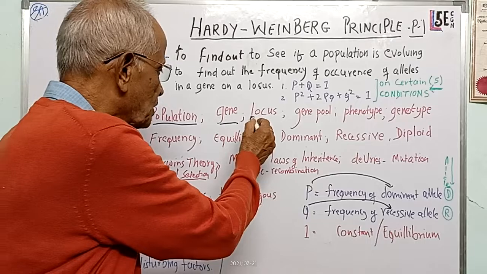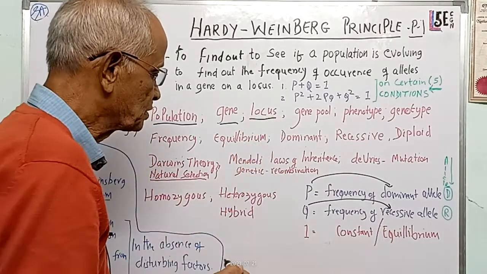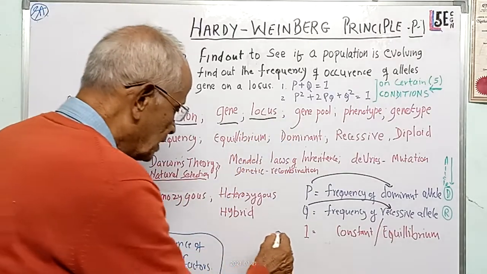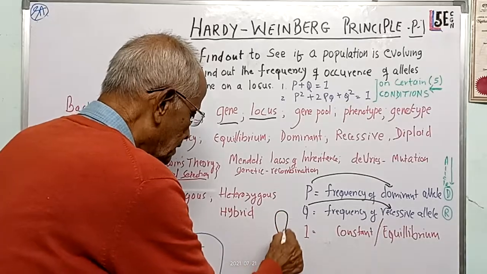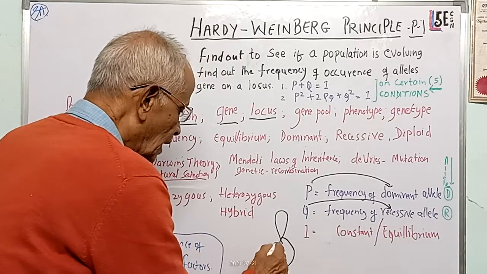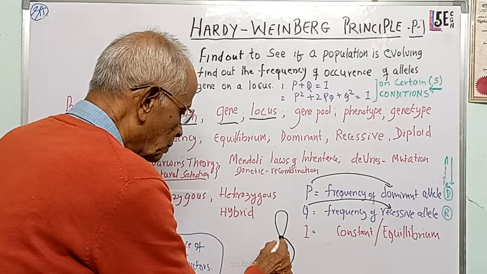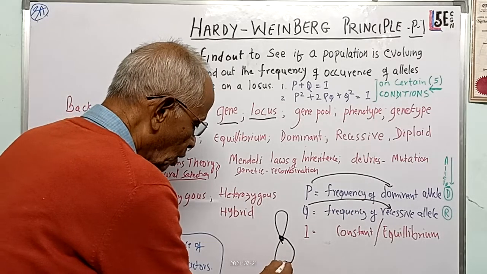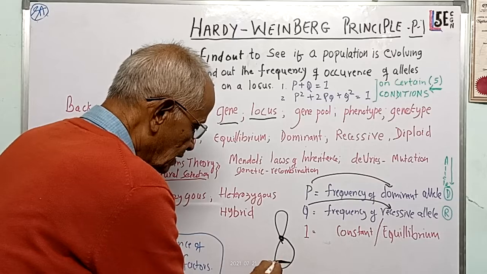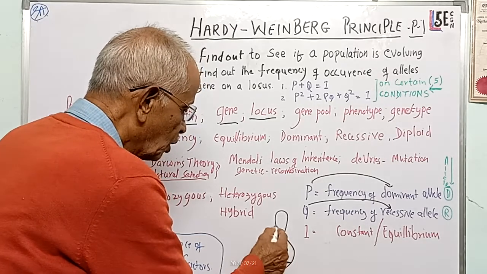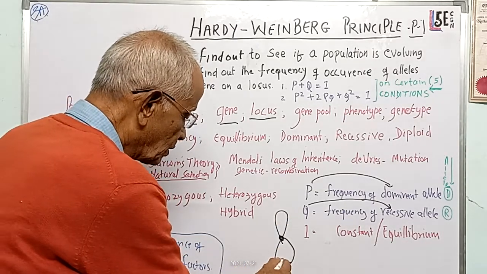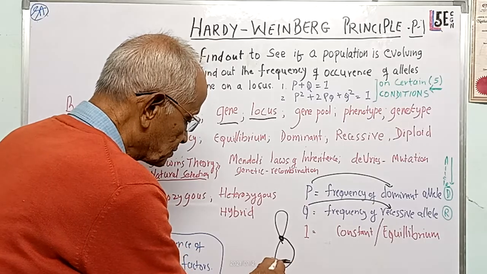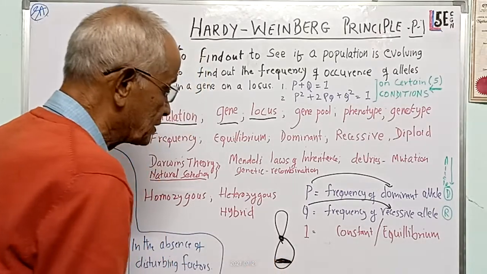Then locus refers to a particular spot in the chromosome. If you draw this as the chromosome and this is the centromere, and somewhere here we can say this is one locus. Like that there may be several loci, plural. This is one locus, for example, one locus we have taken here.